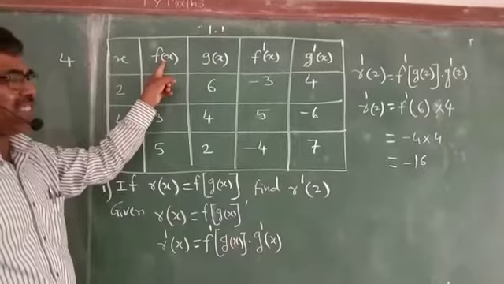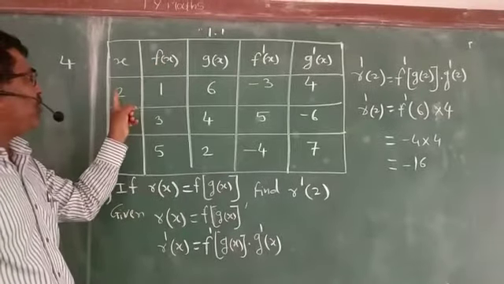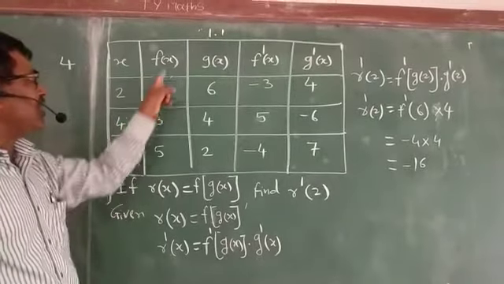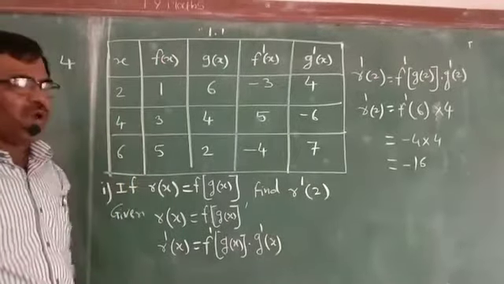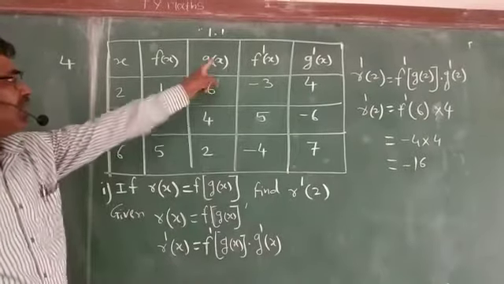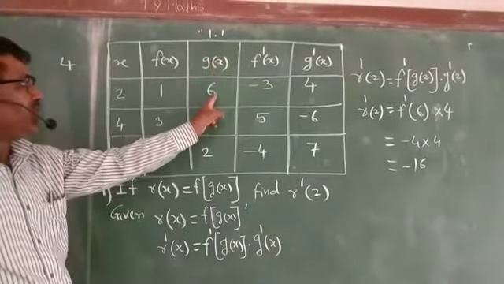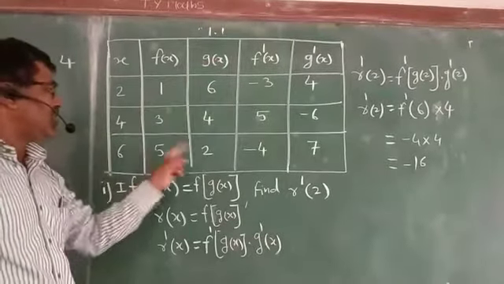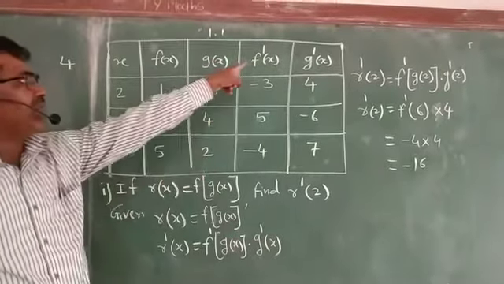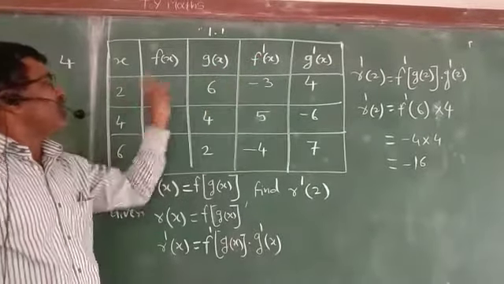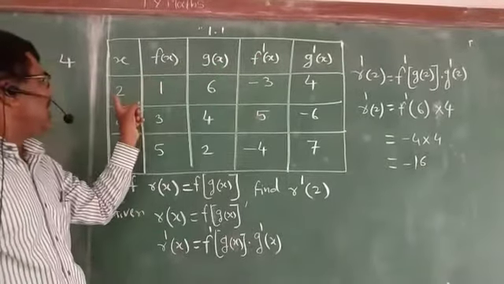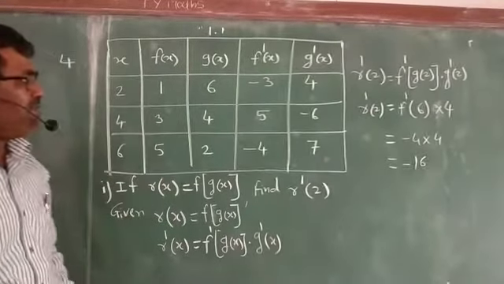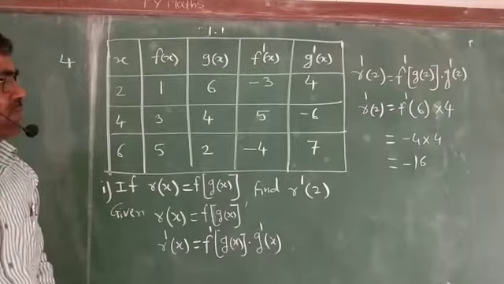F of x, that is f of 2 equal to 1, f of 4 equal to 3, f of 6 equal to 5. Similarly, g of 2 is 6, g of 4 is 4, g of 6 is 2, and f dash 2 equal to minus 3, f dash 4 equal to 5, and so on.